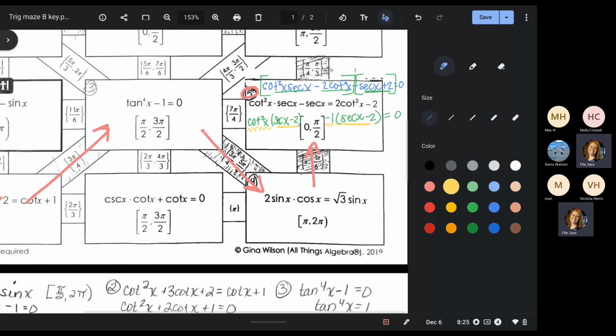So this is cotangent squared x minus 1. And then the one that was the same, secant of x minus 2. Y'all feel okay about the factoring process of that? We're not done with the question, but we're done factoring.